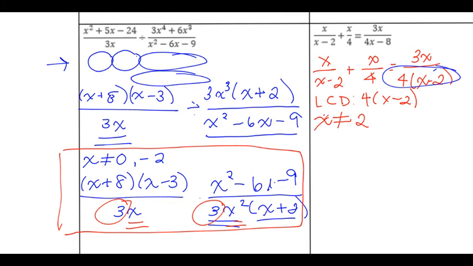Okay, so what I need to do here to solve is I'm going to multiply both sides of the equation. I'm going to multiply both sides by 4 times x minus 2, and that's going to serve to eliminate the entire fraction.